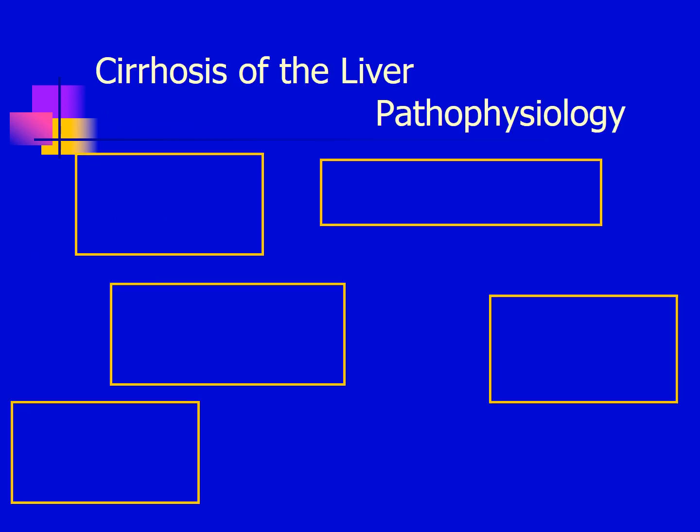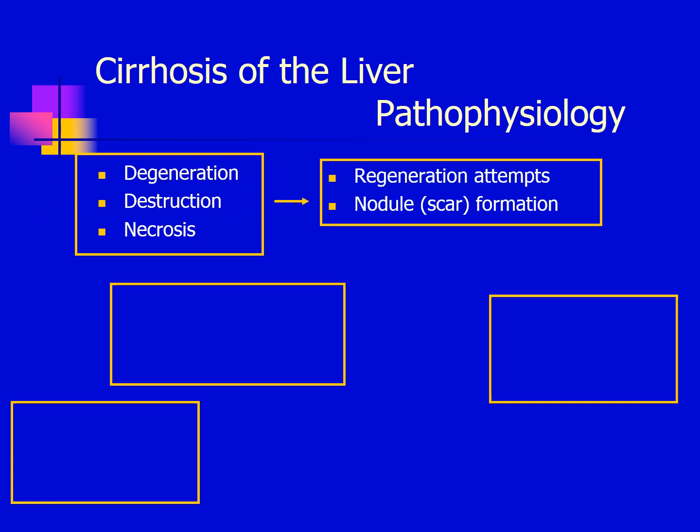Next slide. So the pathophysiology: the regeneration ability is gone. So there's destruction, there's necrosis. It tries to regenerate, but when that happens, scars form, right?